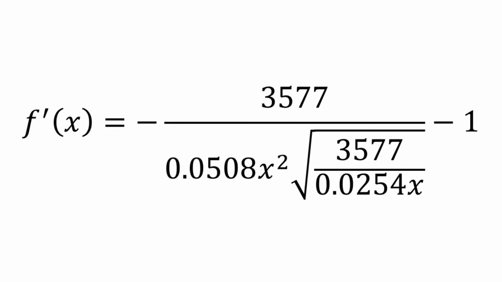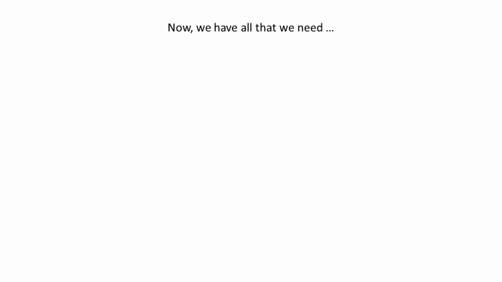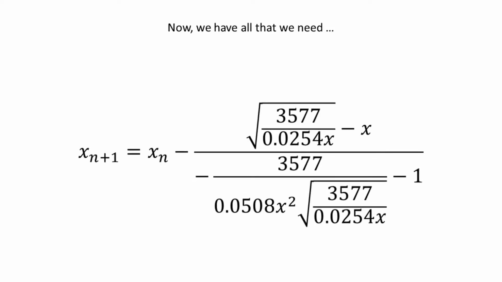And here we come up with our derivative. We have negative 3577 all over 0.0508 x squared times the radical of 3577 all over 0.0254x, minus 1. Now we have all that we need. So we're going to plug that into Newton's formula. And there you have it. That's exactly what we need to repeat in order to get what we're looking for.